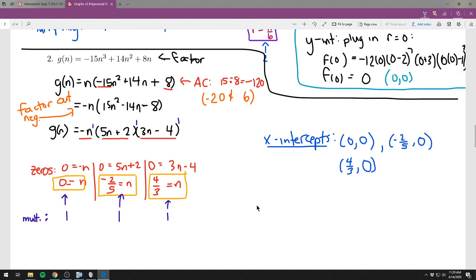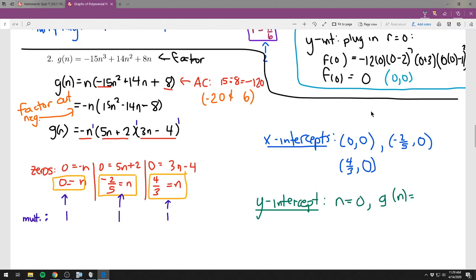And then the last thing, the y-intercept. If we plug in x equals 0, or in this case, n equals 0, we got g of n. Now you can plug this into either one. You can plug it into the original, you can plug it into one of the factor ones.